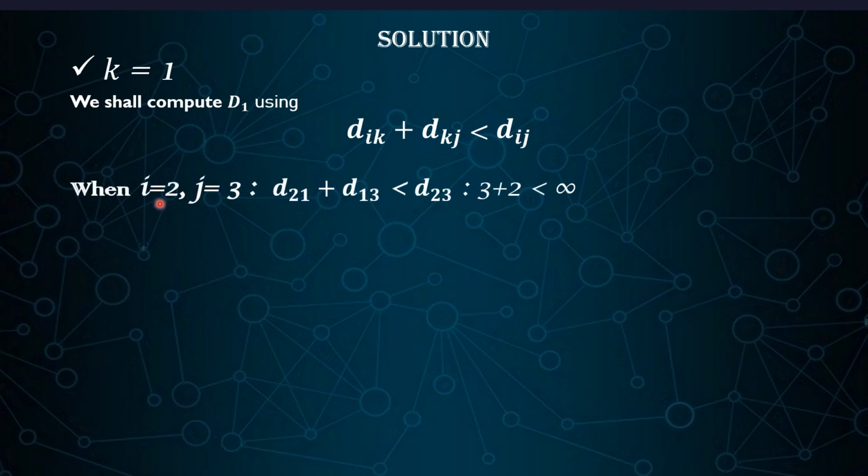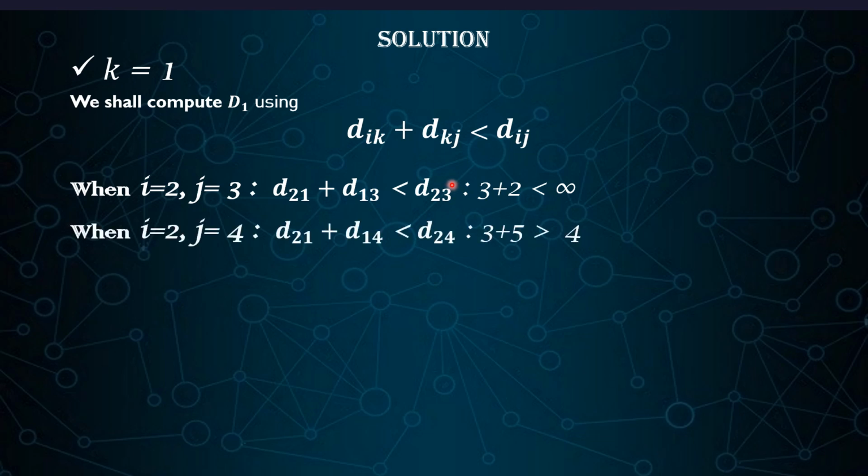For i is equal to 2 and j is equal to 3, D21 plus D13, that is 5, is obtained to be less than infinity, that is in the D0 matrix. When i is equal to 2 and j is equal to 4, 8 is obtained, which is greater than 4.